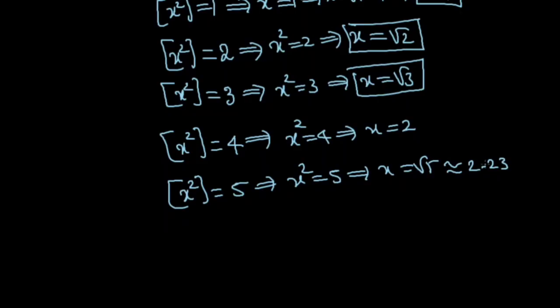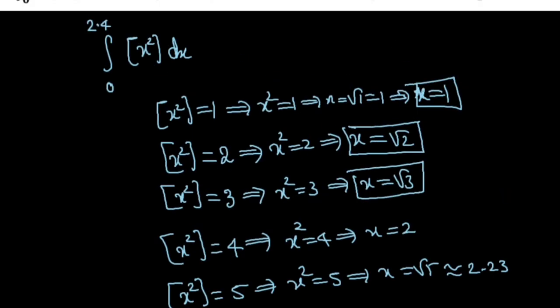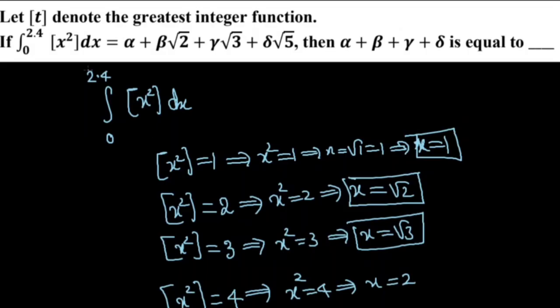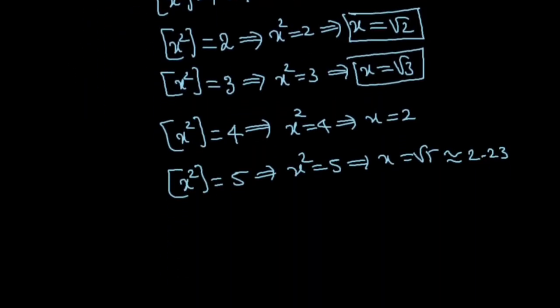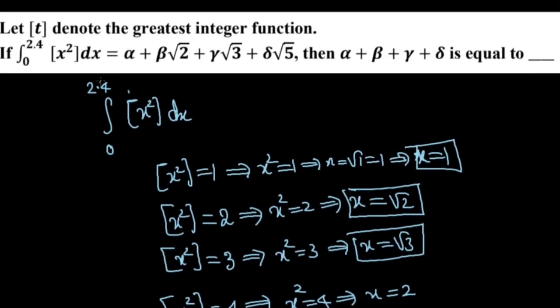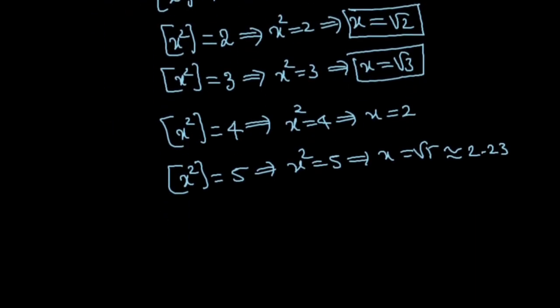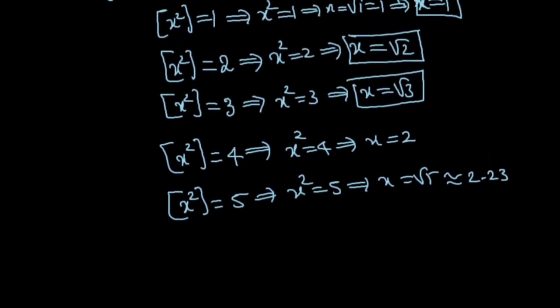Now the actual x limits are up to 2.4, so 6 won't come. Root 6 is about 2.44, but here we have 2.40, so we'll consider only till there.